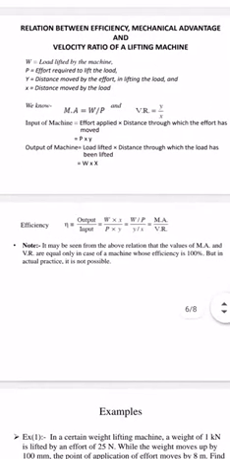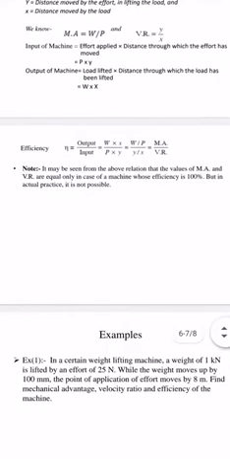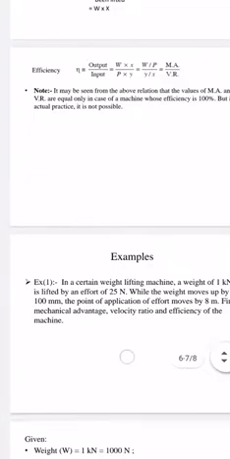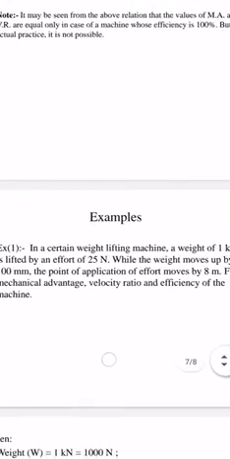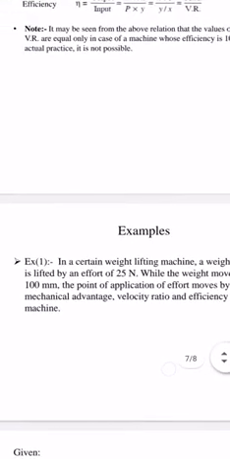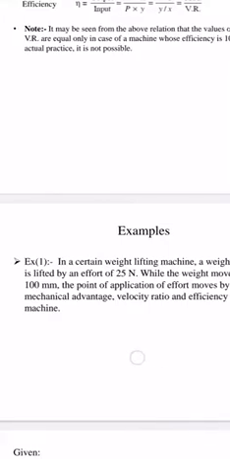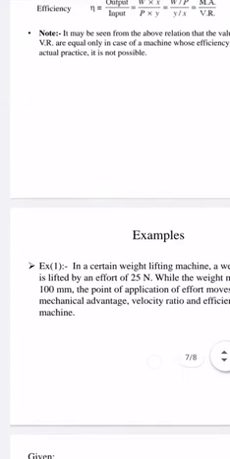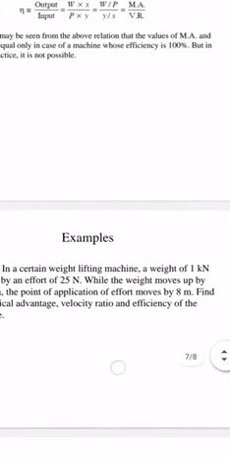Now we will do one example of it. So now we come to the example. In a certain weight lifting machine, a weight of 1 kilonewton is lifted by an effort of 25 newton. While the weight moved up by 100 mm, the point of application of effort moved by 8 meter.